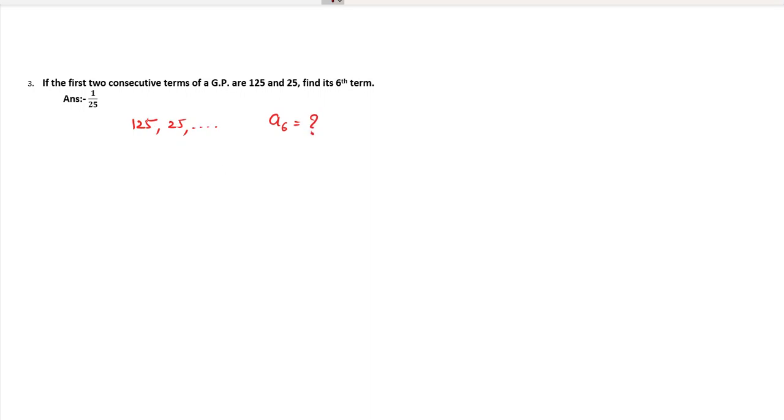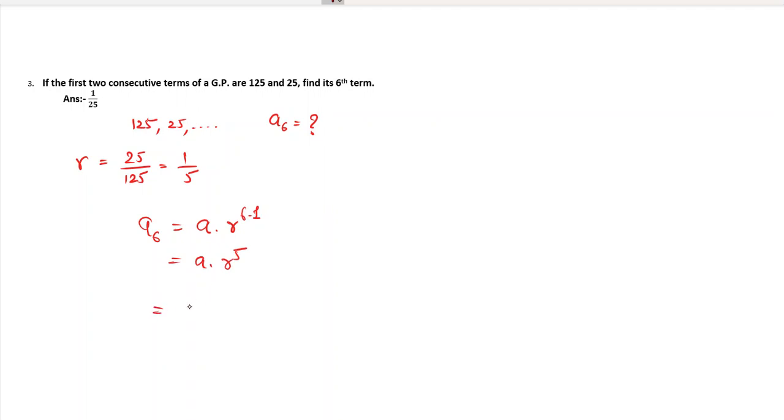So let's find the common ratio. Common ratio will be second term upon first term, which is 1 by 5. Sixth term will be a into r raised to 6 minus 1, which is a into r raised to 5.